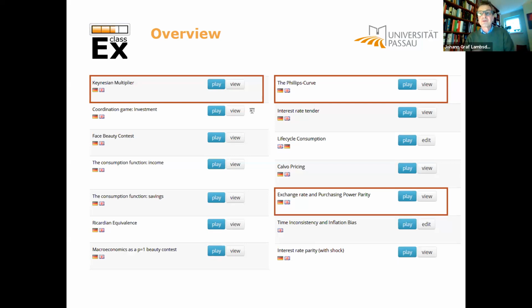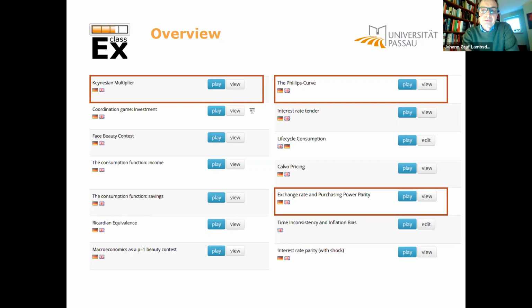Students just don't care about this type of issue, whether government debt is a burden for future taxpayers. And this null result can help you in a classroom discussion to find out what the logic behind Ricardian equivalence actually is. We have another game, Macroeconomics, as a P=1 beauty contest.